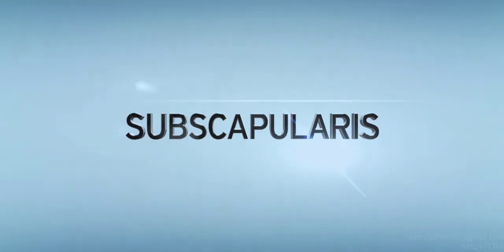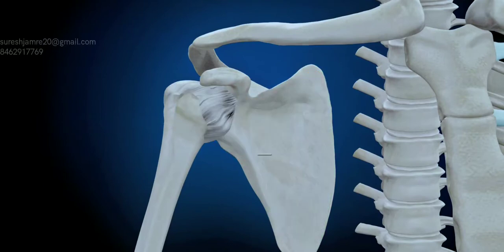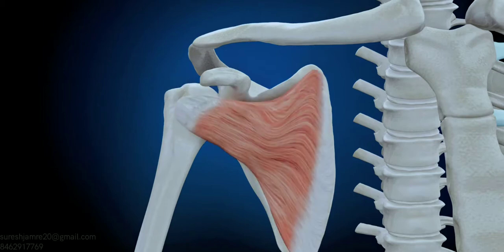Subscapularis. Subscapularis is a bulky multipennate muscle that fills up the subscapular fossa of the scapula. This muscle forms the posterior wall of the axilla. Origin: medial two-thirds of the costal surface of the subscapular fossa of the scapula.